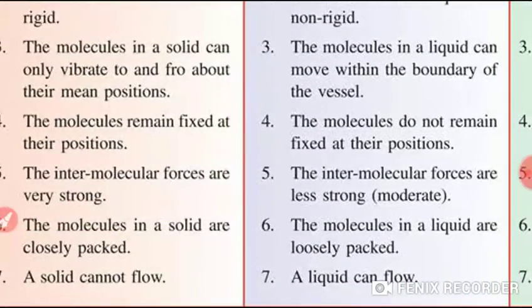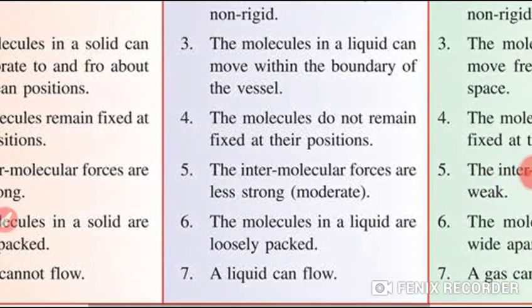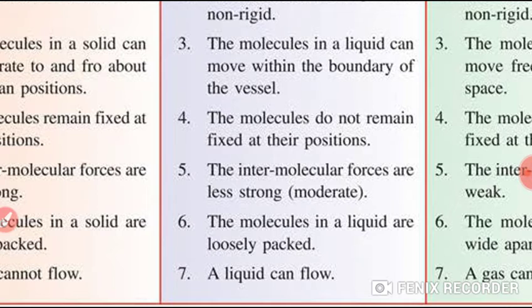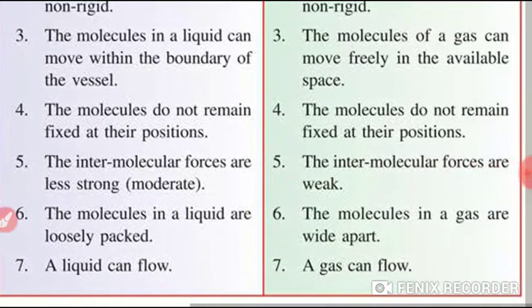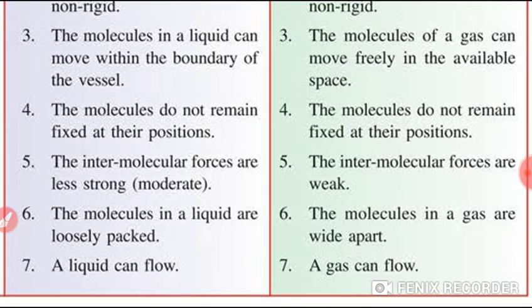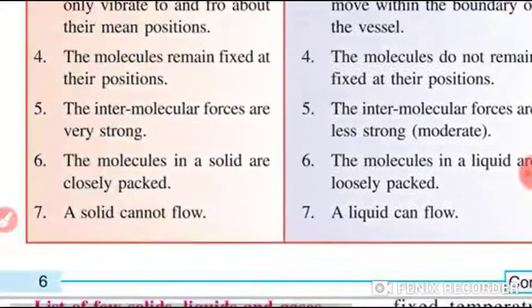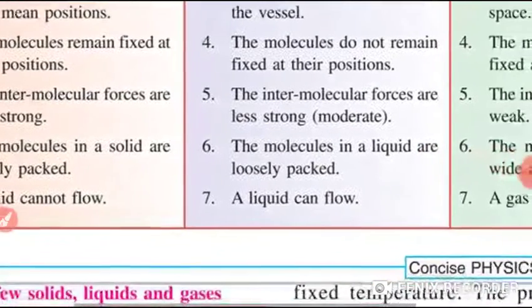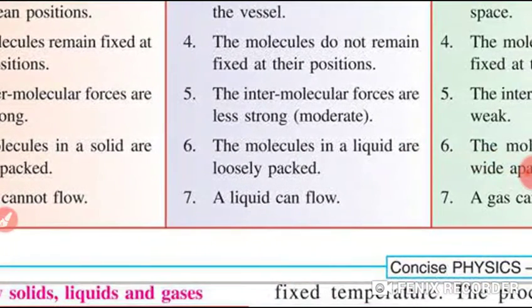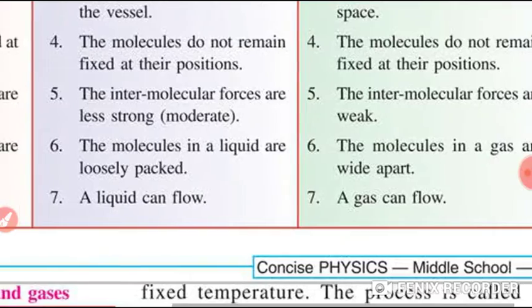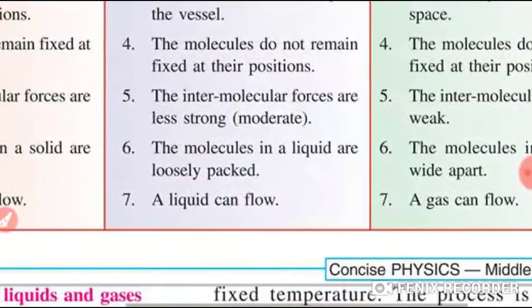Molecules of a solid remain fixed at their positions, while in liquids and gases the molecules do not remain fixed at their positions. In solids the intermolecular forces are very strong, while in liquids they are less strong, and in gases they are very weak.